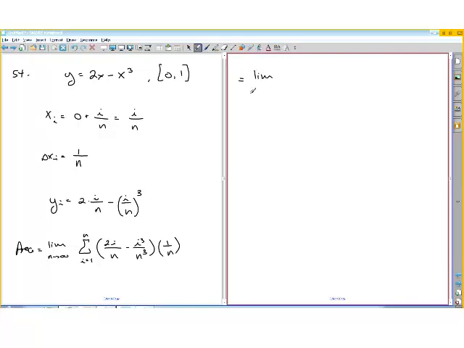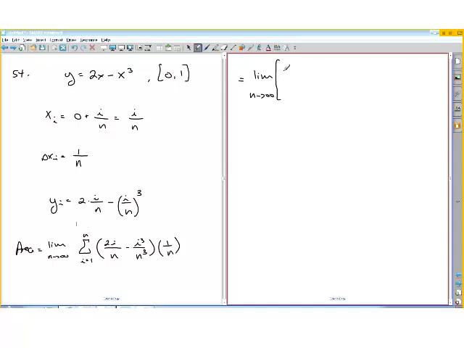Okay, so the area is equal to the limit as n goes to infinity of the summation from I equals 1 to n of, what do we have? Well, again, we can break it up into two terms. We have the first one, which is 2I over n times 1 over n. So we have 2 over n squared. So we're going to factor that out.